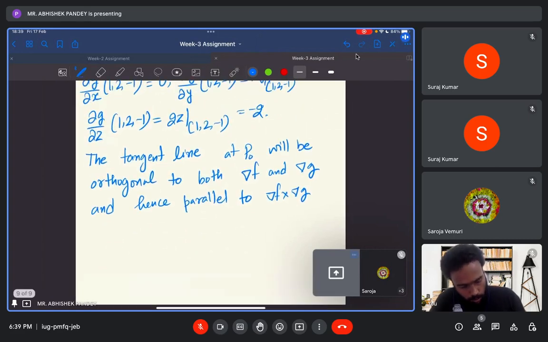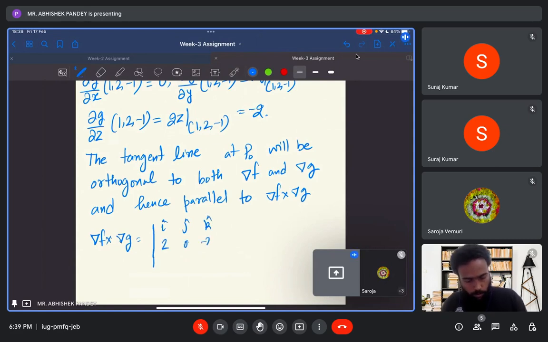So this del f cross del g is nothing but, so del f we know (2, 0, -2), del g (0, 4, -2), this is nothing but 8i plus 4j plus 8k, okay.